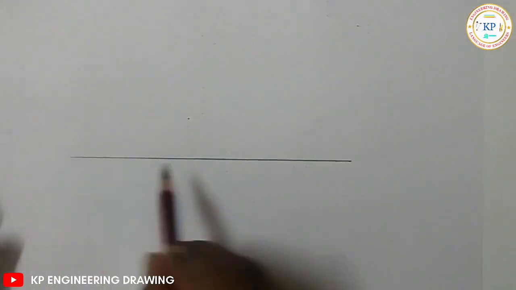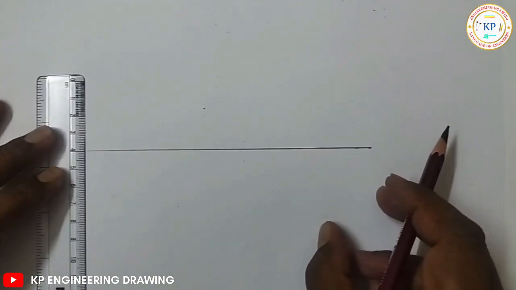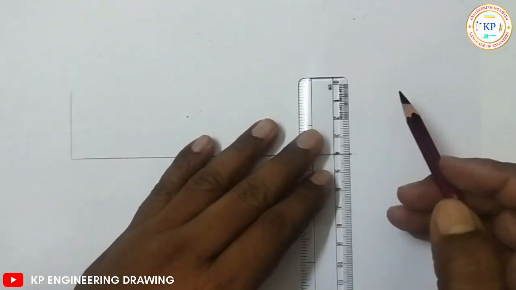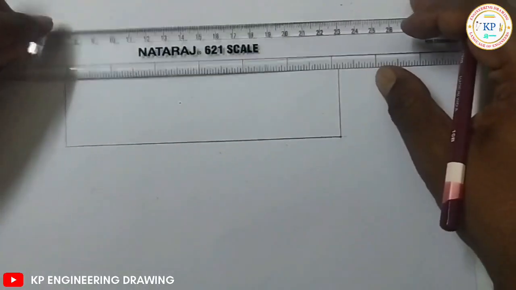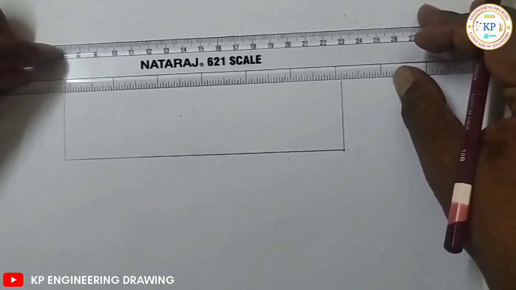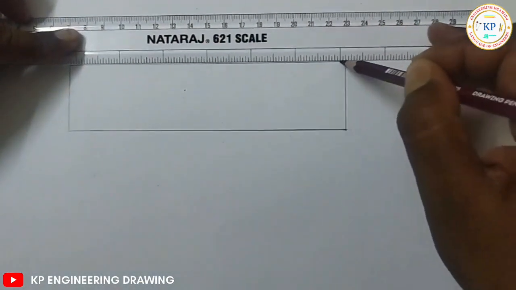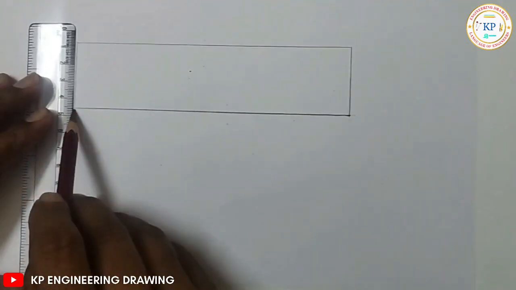We have taken a 10 centimeter line, and you take its height as 40 mm and form a scale. Its length is 10 centimeters.